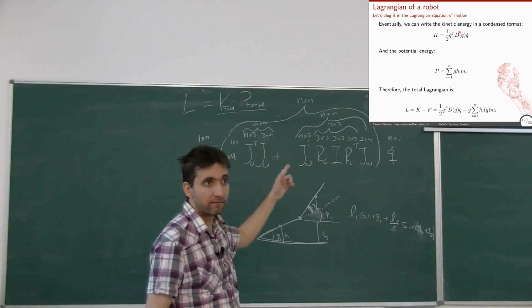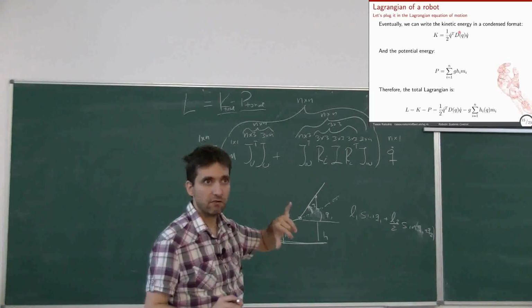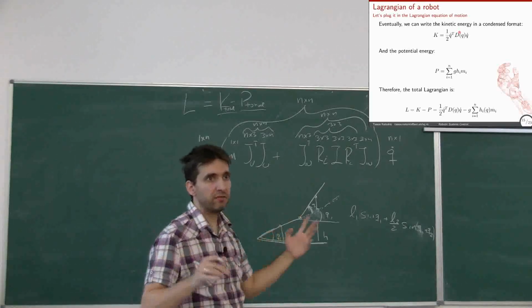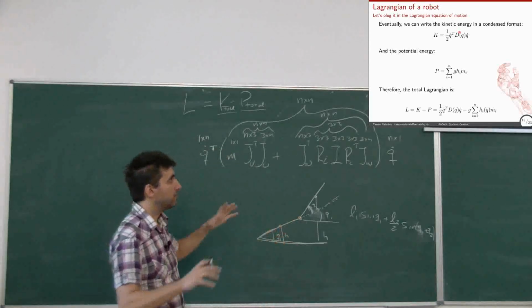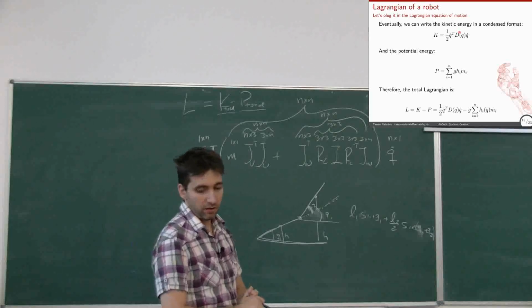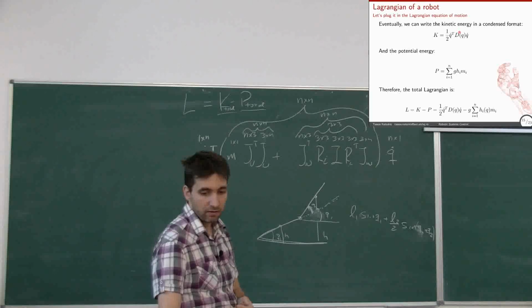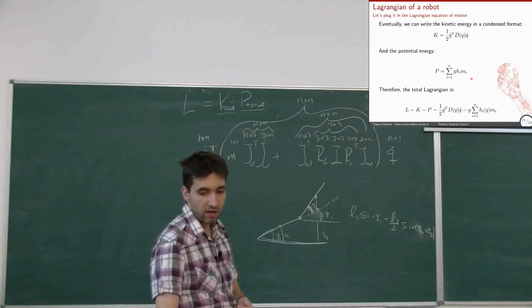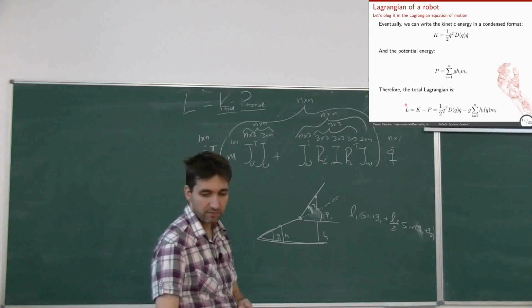It's n by n, where n is the number of joints we have in our system. So for a 2-joint system, D will be a 2 by 2. It will always be a square matrix with the size of the dimension of our system, and the potential will be the sum of the heights and the masses multiplied together. G can go out, so we have something like this.